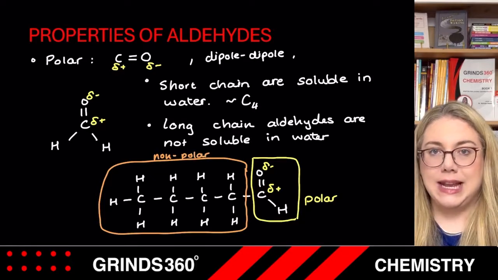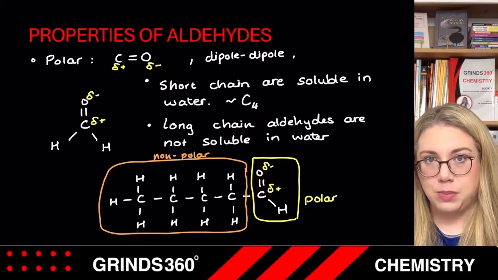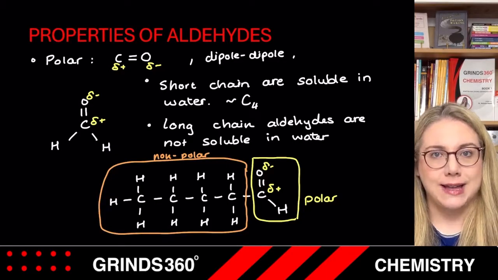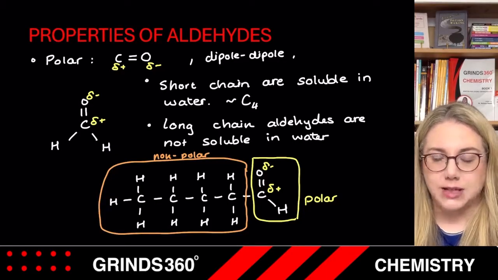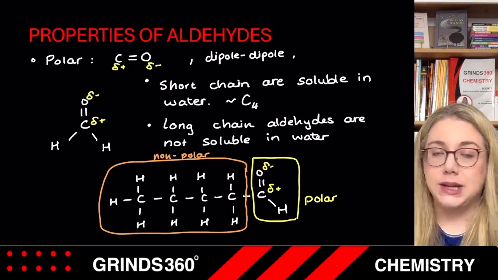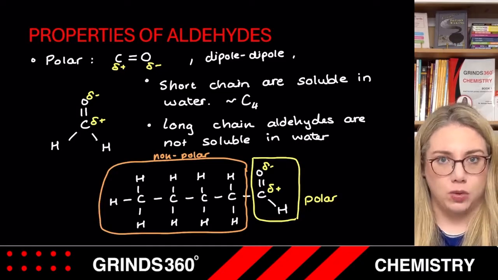So as the chain length increases, the non-polar part gets bigger, and that counteracts the solubility provided by the polar part. Exact same word for word answer as what we learnt in the alcohols. Just be careful here that you don't call it a polar OH group, because it's not. That was alcohols. This is the polar C double bond O group.